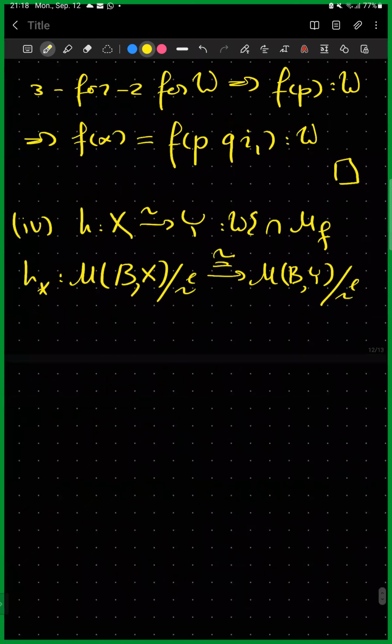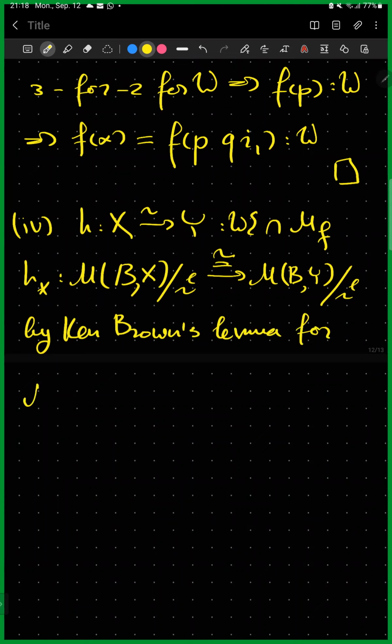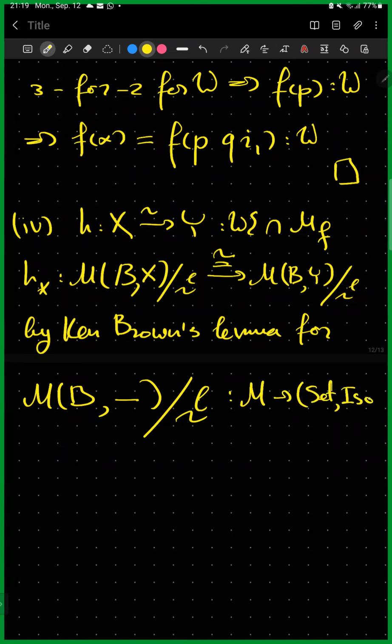Why is that? Well, that's because we can apply Ken Brown's lemma for a functor M B something modulo left homotopy equivalence, considered as a functor from the model category M to the relative category consisting of sets and isomorphisms between them.